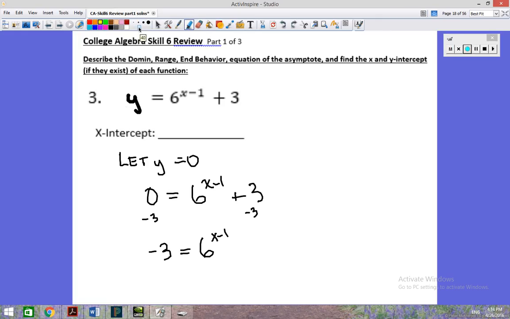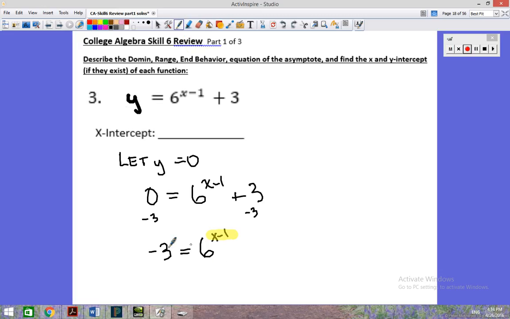We know that an exponential expression never gives a negative answer. This is impossible. We knew that 6 to the x minus 1 had a range of 0 to infinity. There's no way that this is ever going to be a negative number.